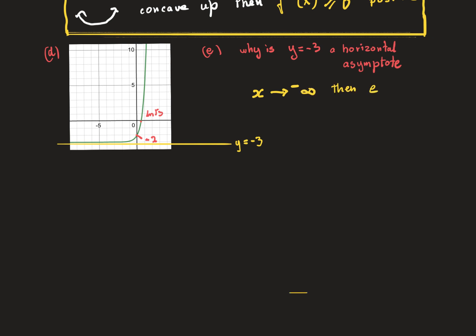Then e to the 2x, whenever you substitute such an x, will always go to 0. And as our graph is y = e to the 2x - 3, then if we make e to the 2x 0, we end up with y equal to -3.